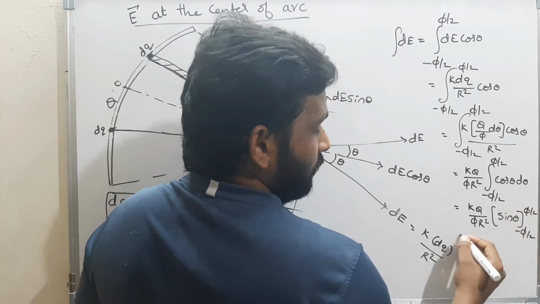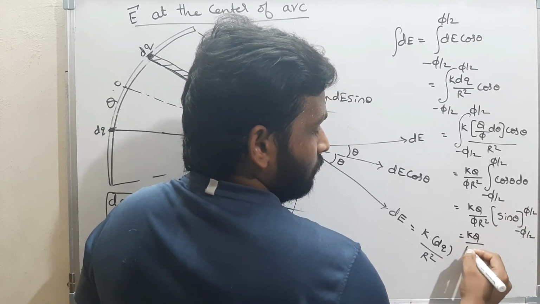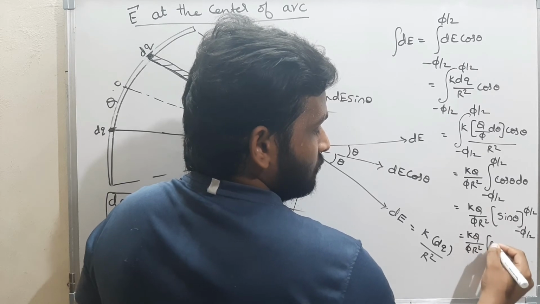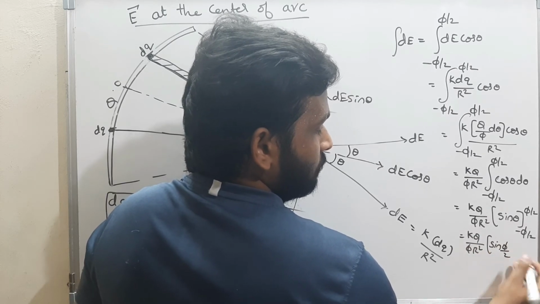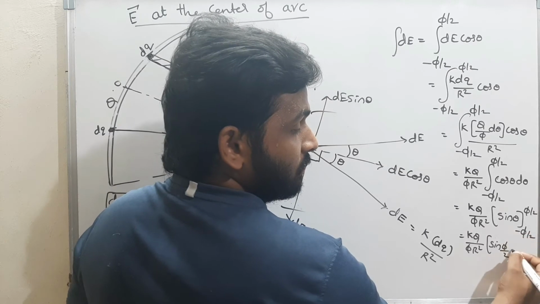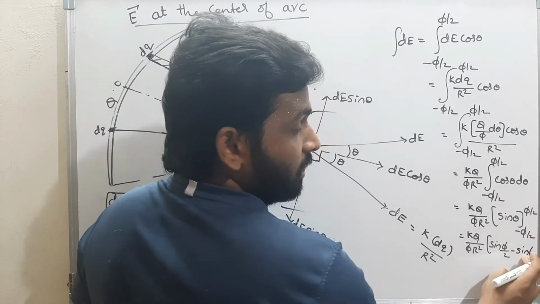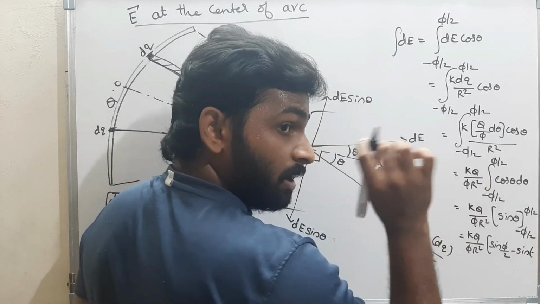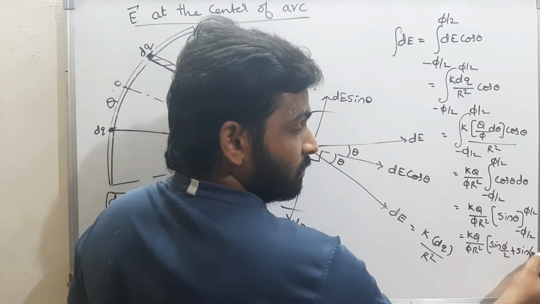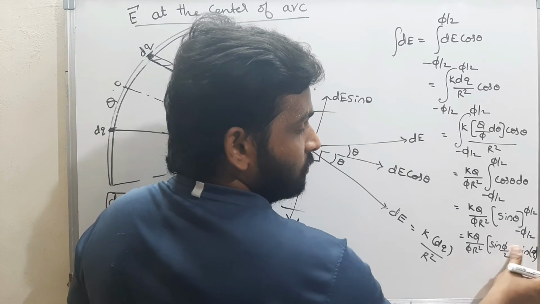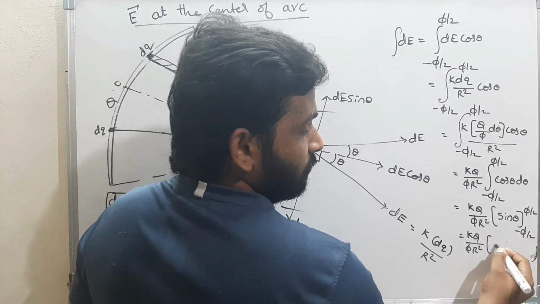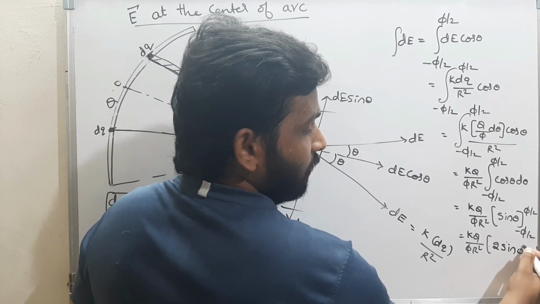Now substitute the limits. What will you get? kq by phi r square, sin phi by 2 minus sin minus phi by 2. Sin of minus theta is minus sin theta. Minus into minus is plus, so sin phi by 2. Therefore, overall, you will get 2 sin phi by 2.